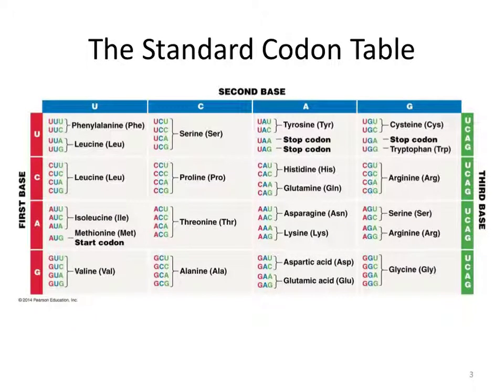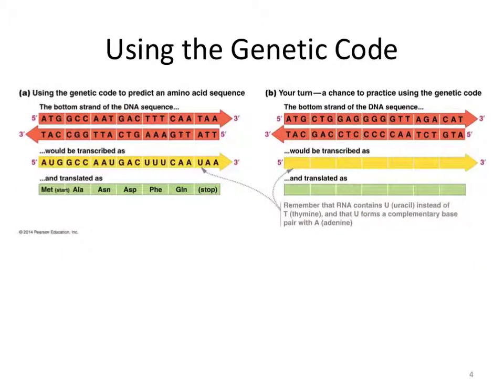Alright, so we just finished looking at the standard codon table, which shows us the standard RNA codons for the 20 common amino acids. Now let's think about how to use it. Looking at the example on the left, the red is DNA, the yellow is messenger RNA, and the green is a polypeptide. DNA occurs in cells as two strands.